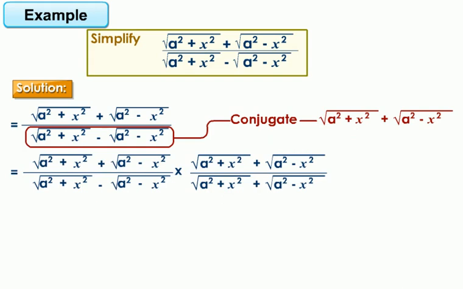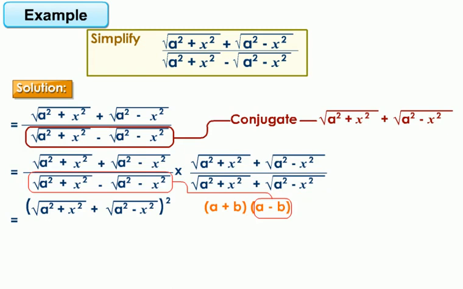Students, on multiplying the expressions of numerator, we get (under root a square plus x square plus under root a square minus x square) whole square, as (a plus b)(a minus b) is equal to a square minus b square.